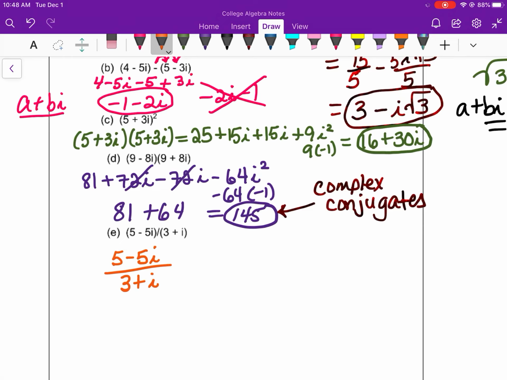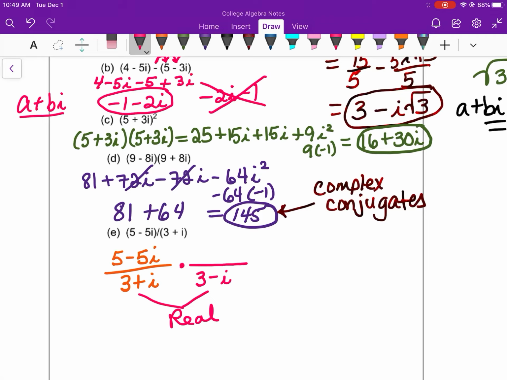Having 3 plus i in the denominator is like having 3 plus the square root of -1. And you don't want to leave a problem with an i in the denominator. So what we're going to do is multiply by the conjugate of the denominator, and that way we produce a real number without i in it.